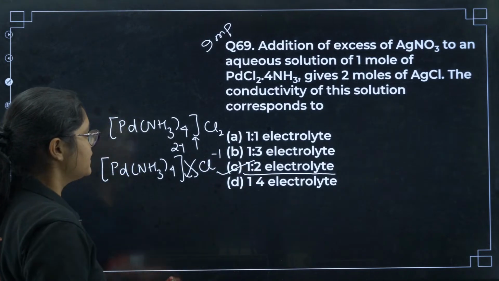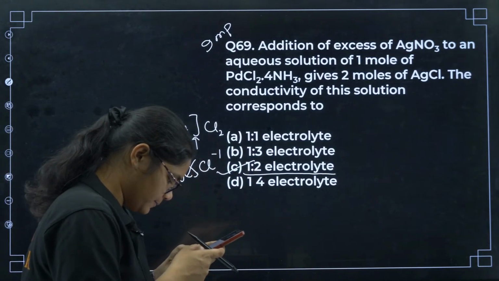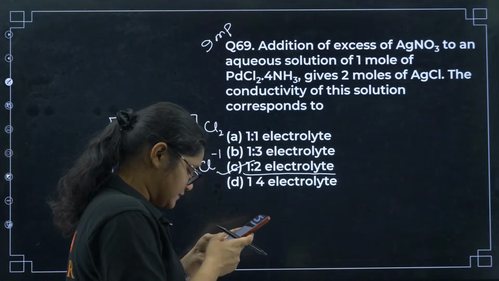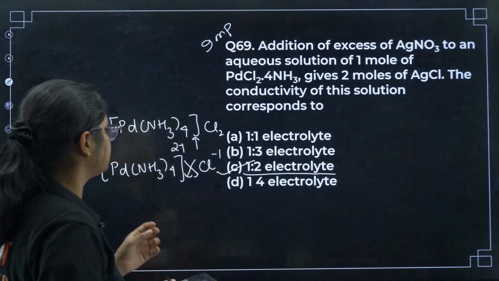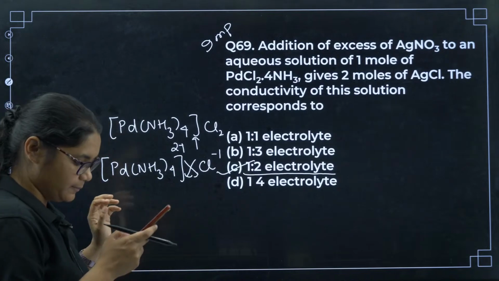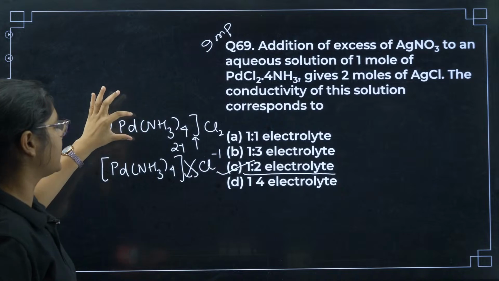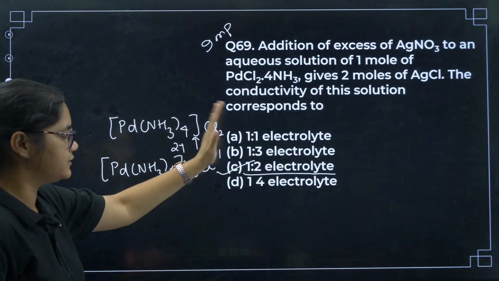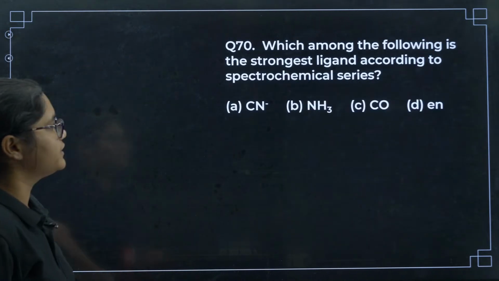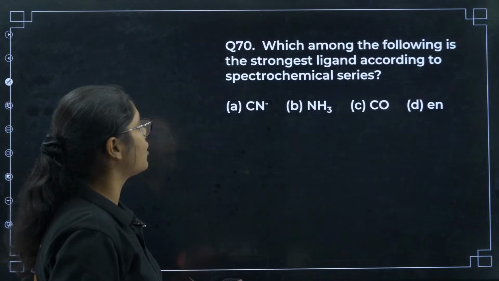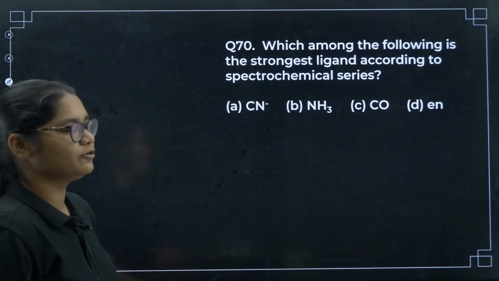So option number C is the correct answer. Yes, Gauri, it is not 1:3, it is 1:2 type. You have to see the number of cation to anion ratio. 1 cation and 2 anions, so 1:2 ratio.